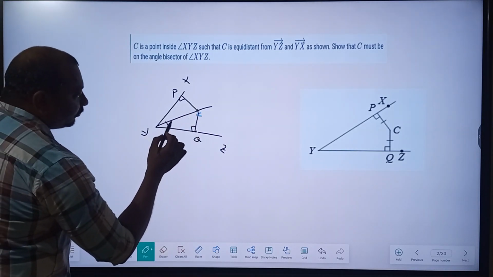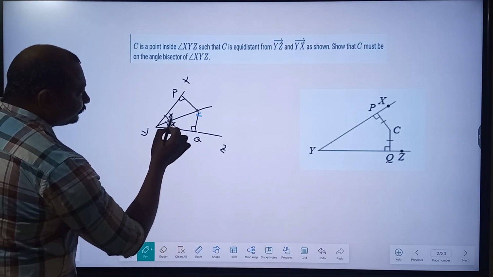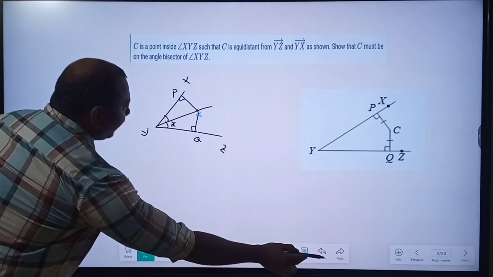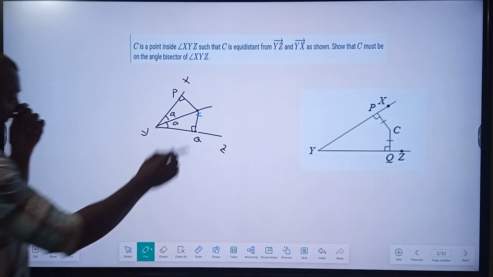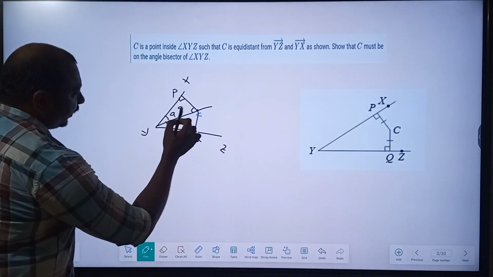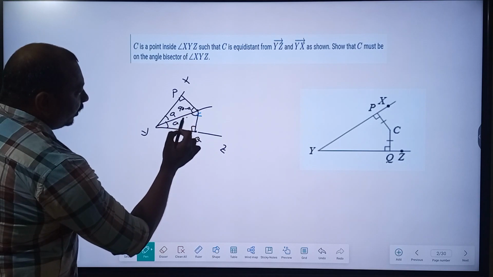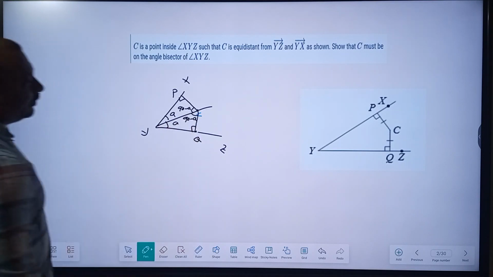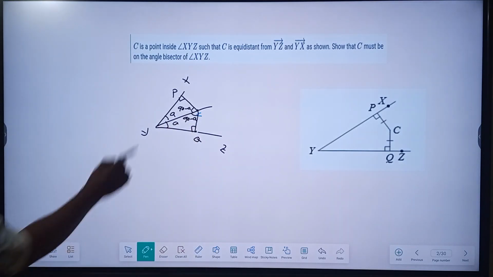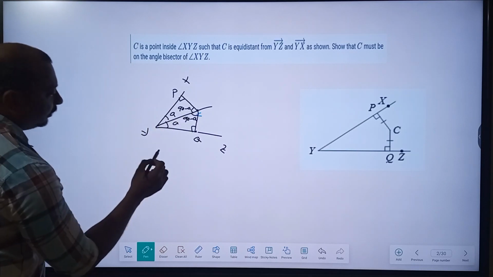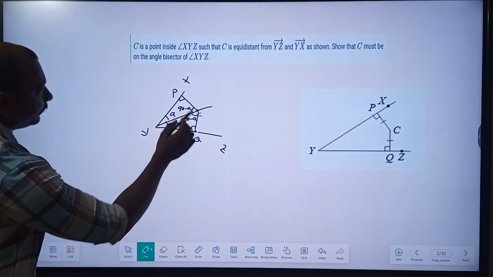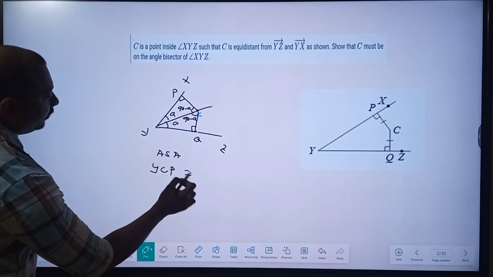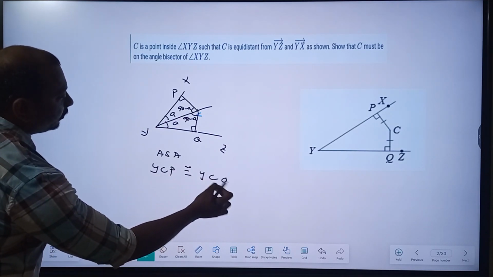And these two are of equal angles. Some A I am considering. Here it is A, and here it is 90 minus A. And here it is 90 minus A. From angle, side, angle, like ASA, we can say triangle YCP is congruent to YCQ.